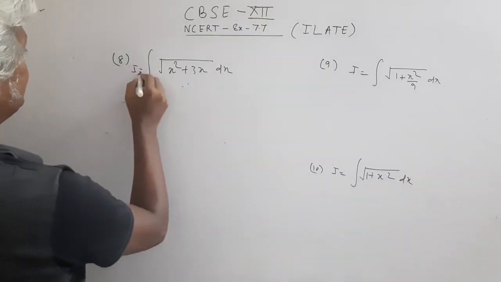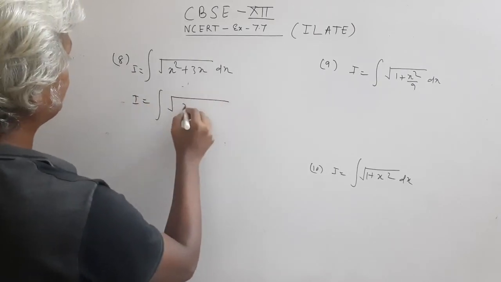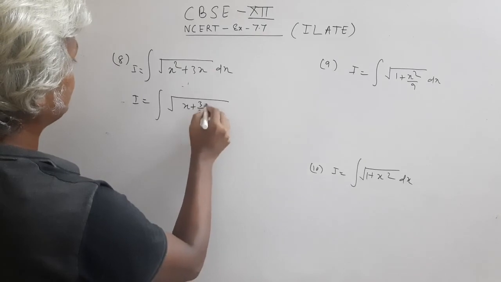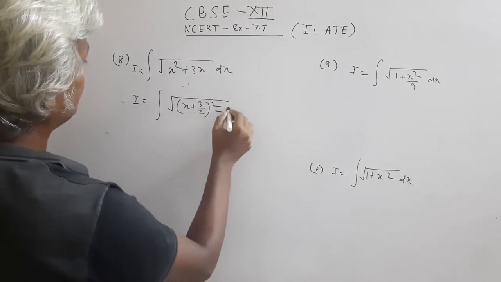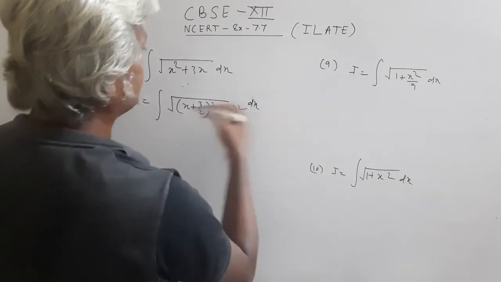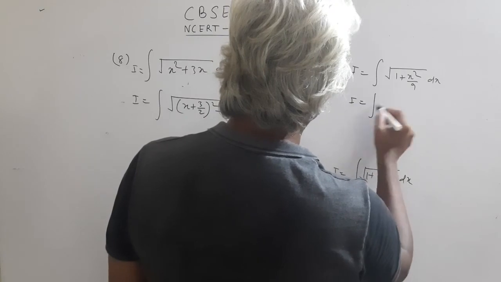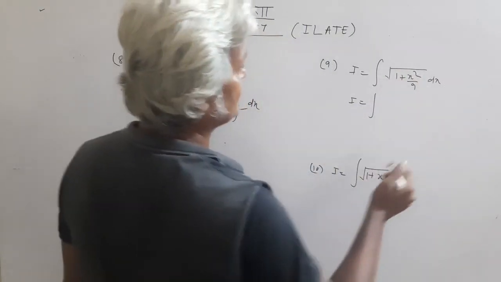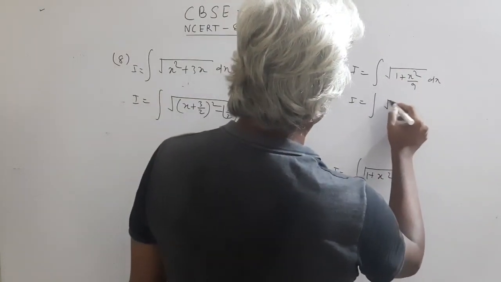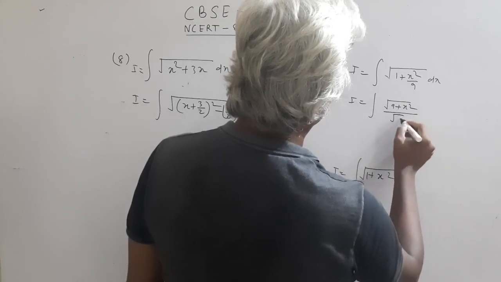Now this I can be written as under root x plus 3 by 2 whole square minus 3 by 2 whole square dx. Directly it is fitting into the form. That I can be written as under root 9 plus x square upon under root 9.